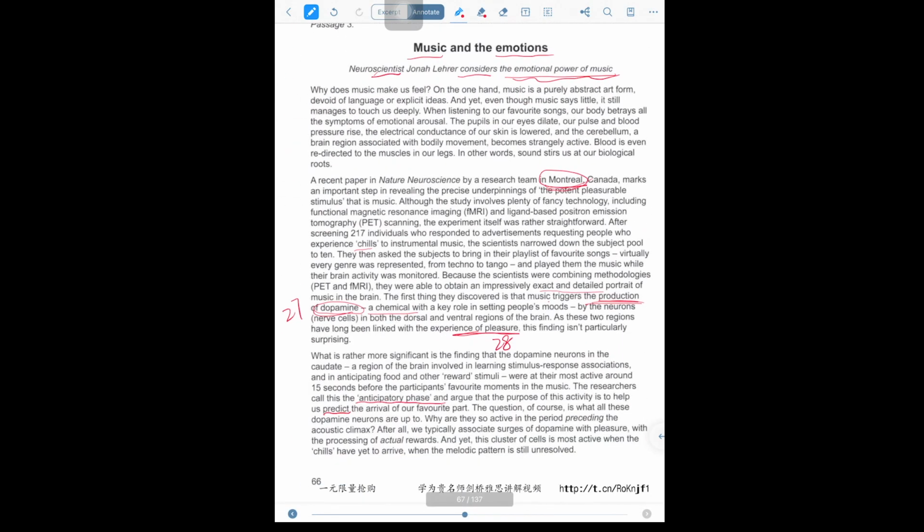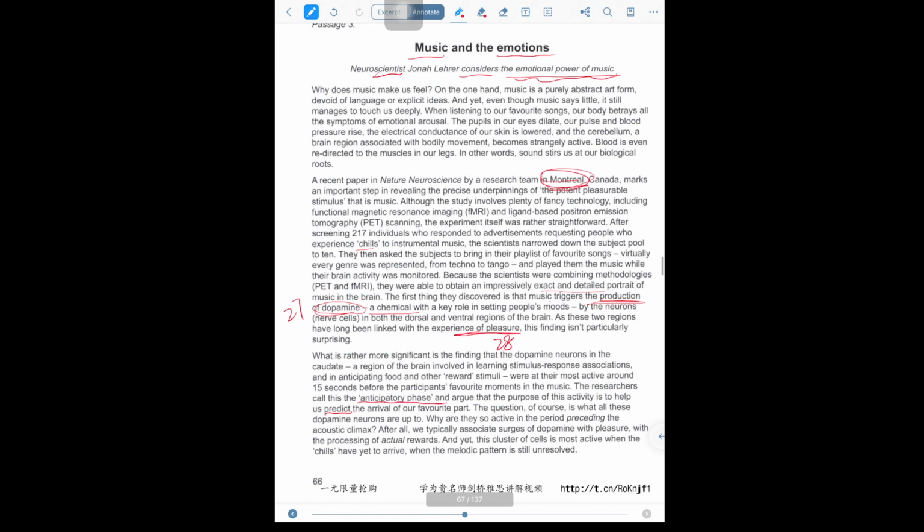Here, see, this is the Montreal study. In this paragraph, it triggers the production of a chemical, setting people's mood. So I think this is the answer to question number 37. Read afterwards, as these two regions are being linked with the experience of pleasure, and finding it's particularly surprising.